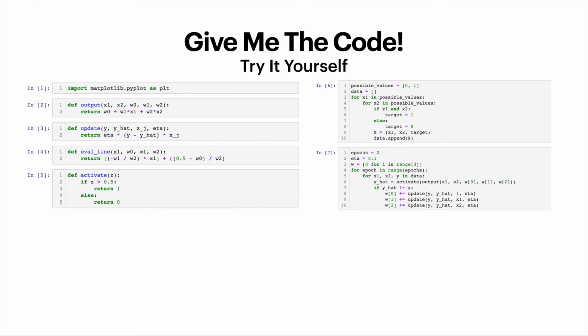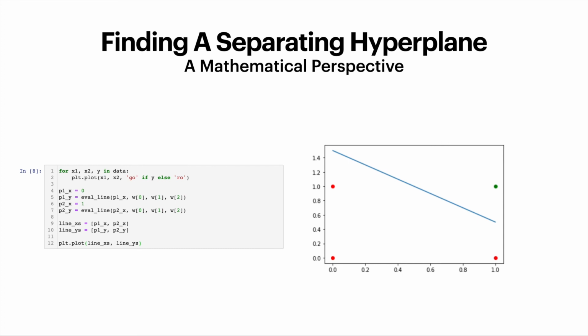So what we're really doing is trying to divide a set of points into class 1 and class 2. The Perceptron algorithm is just finding the best line that will divide those 2 classes. So the eval line function helps us plot that line. And this will make more sense in this next slide.